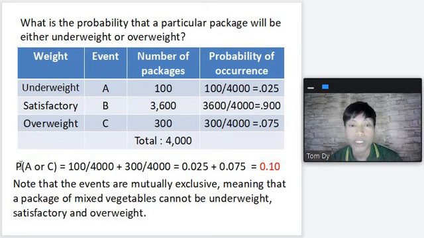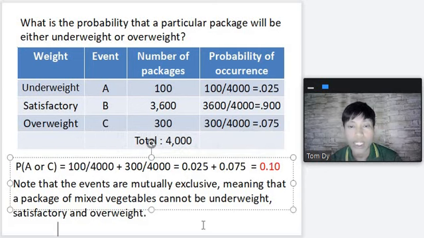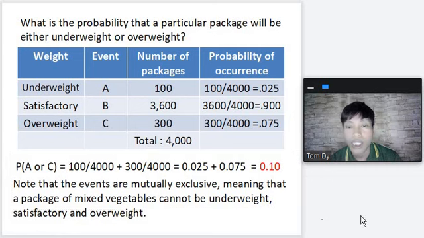So, we will write here the probability of A, which is represented by underweight, or C, represented by overweight. If you look at this one, the probability of occurrence for underweight is 100 divided by 4,000, and 300 divided by 4,000 is the probability of occurrence for overweight.